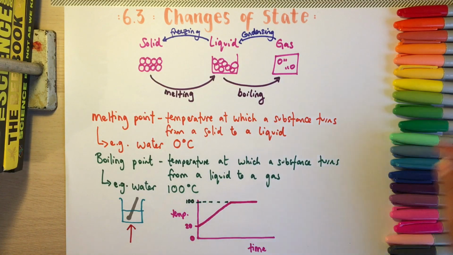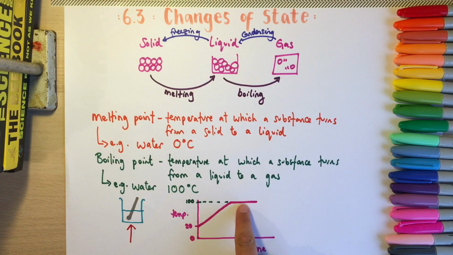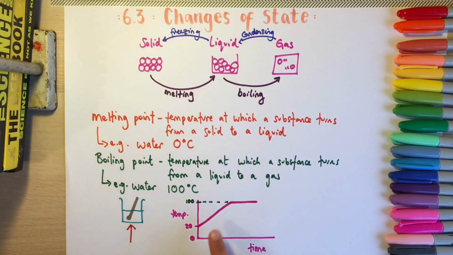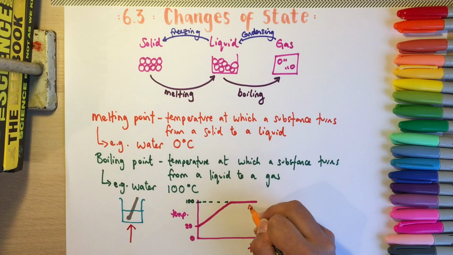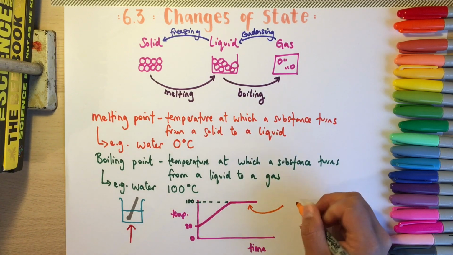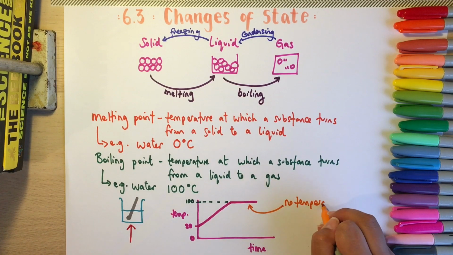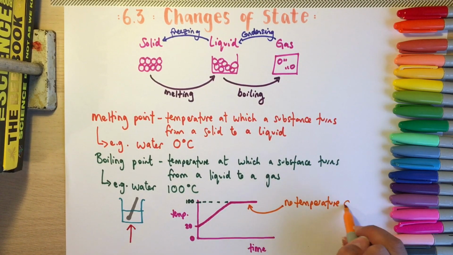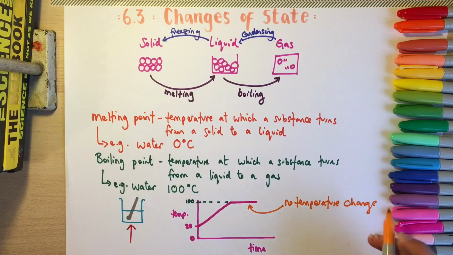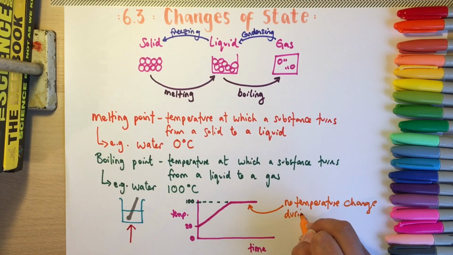So a very interesting thing happens at this point. We're still adding energy, but the energy isn't going towards a temperature change. Okay, so at this point here, there is no temperature change during a change of state.